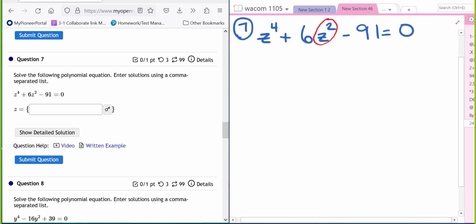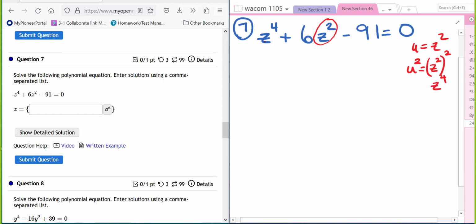So we're going to say U is z squared. Now we have to check and make sure that this one would be the square of that. So we want to look and find U squared. So we just look at what we picked here. Z squared squared is z to the 4th.